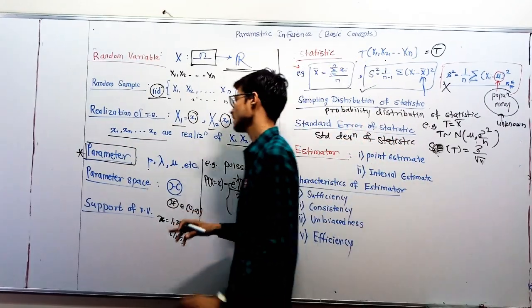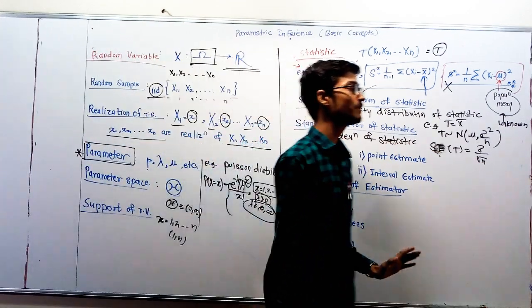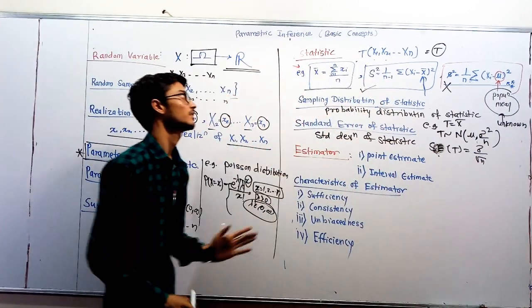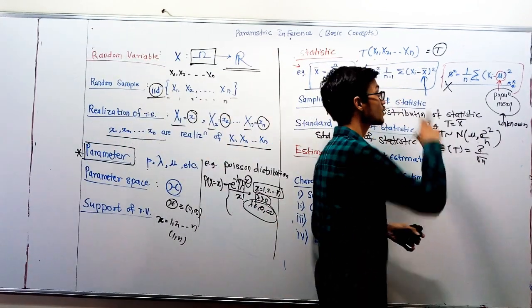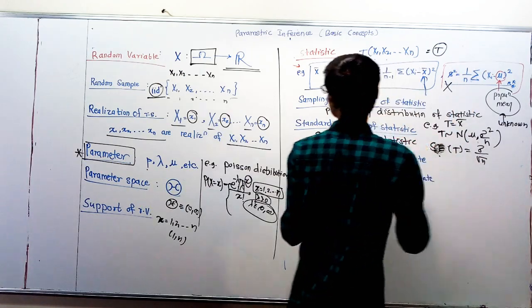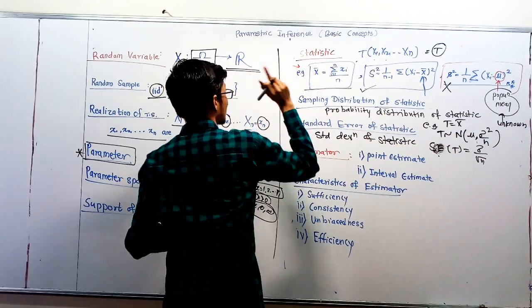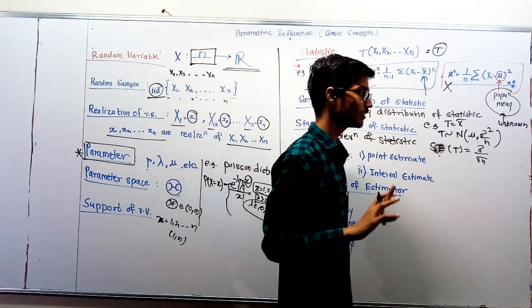No. Then estimator. See, estimator is also a statistic, and a statistic is also a random variable, a function of random variables. Statistic is a random variable and estimator is a statistic. Note that.